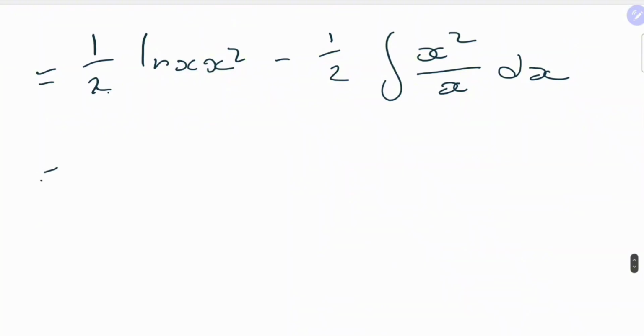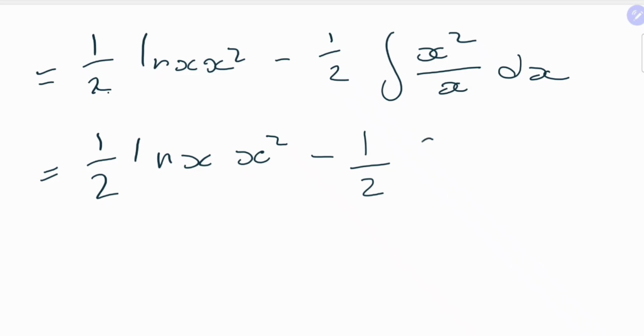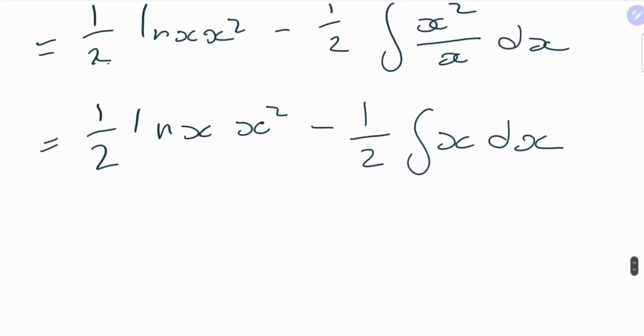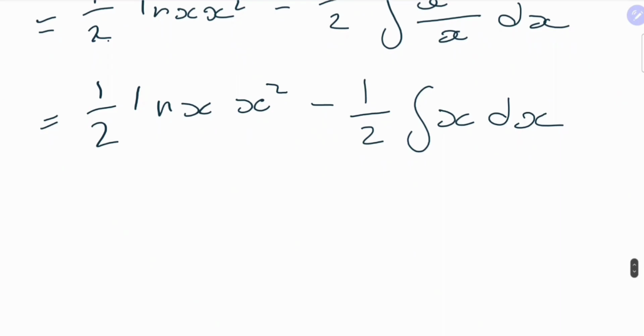So here we can see 1 over 2 natural log of x, and then x squared, minus 1 over 2 integral of x dx, right? See? Because x squared divided by x is basically just x times x over x, which you can just cancel one and you're left with x. So that's just a little bit of algebra right there, but let's finish this off.